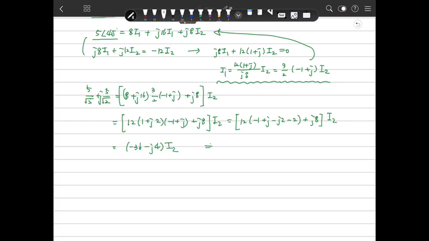So from here I2 is 5 at 45 degrees and minus 36 minus J4 will be 0.14 minus 104. Then result.